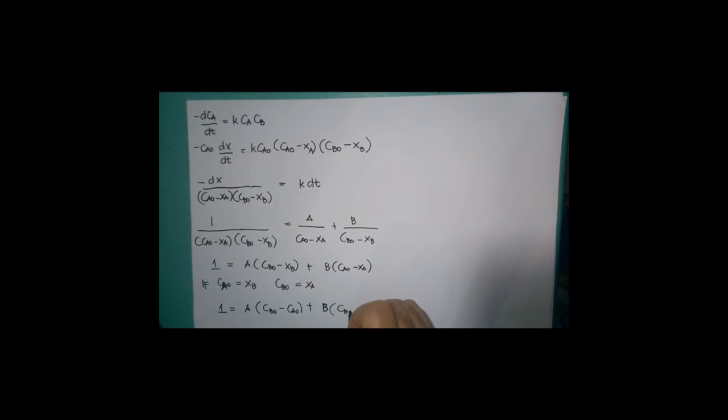So A equals 1 all over (CBO minus CAO), and B equals 1 all over (CAO minus CBO).